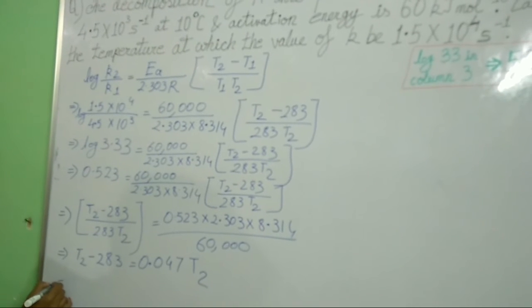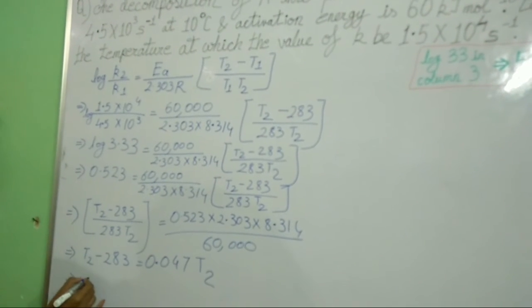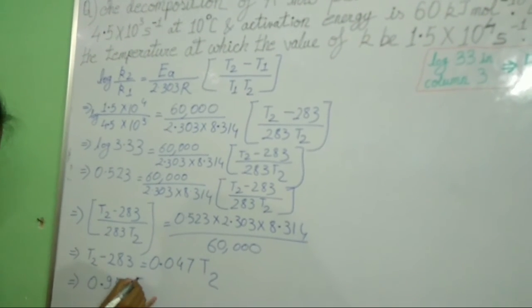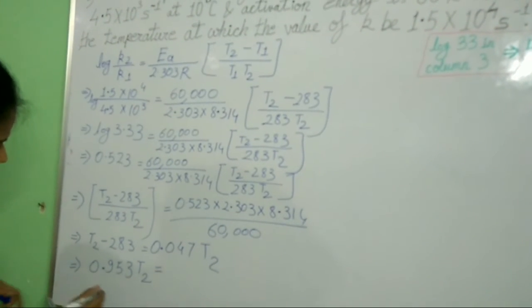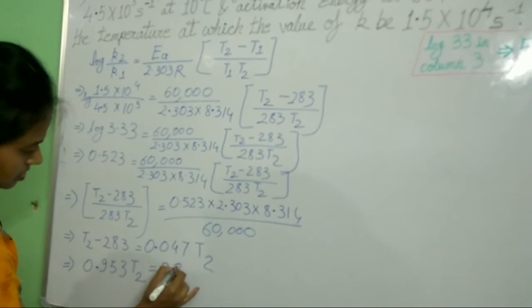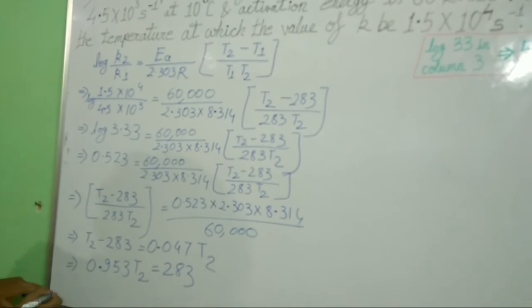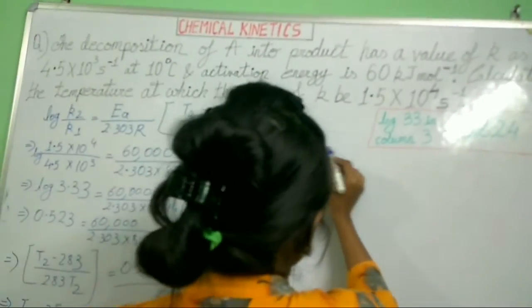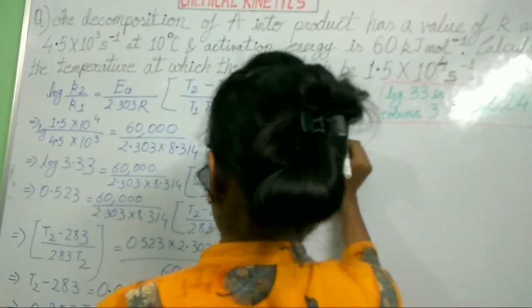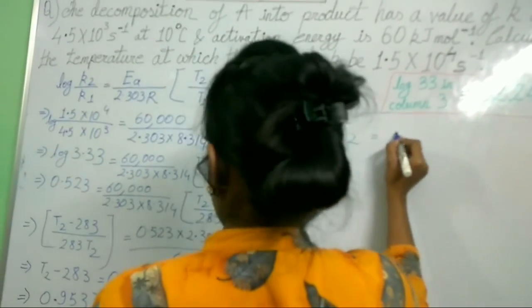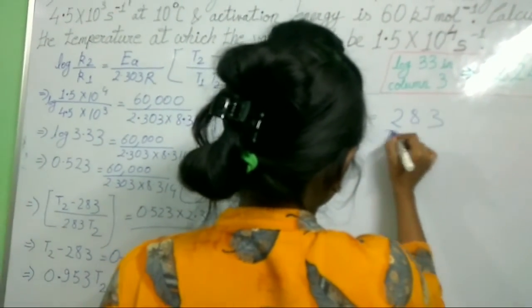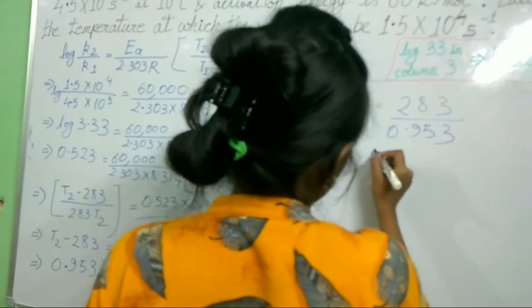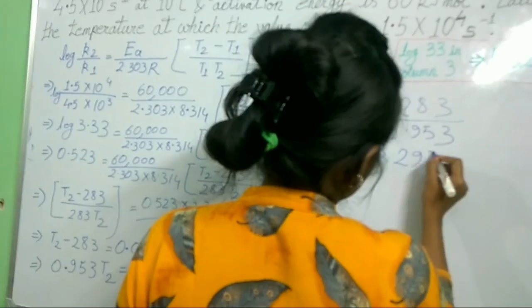Now next, how much will we get? 0.953 T2 is 283. Okay. Now what will be T2? T2 will be 283 divided by 0.953, that is 297 Kelvin.